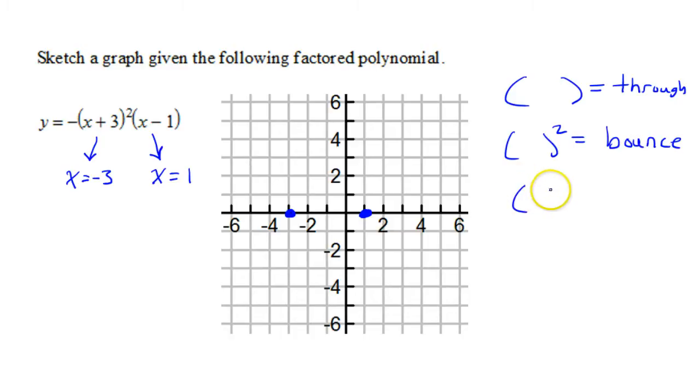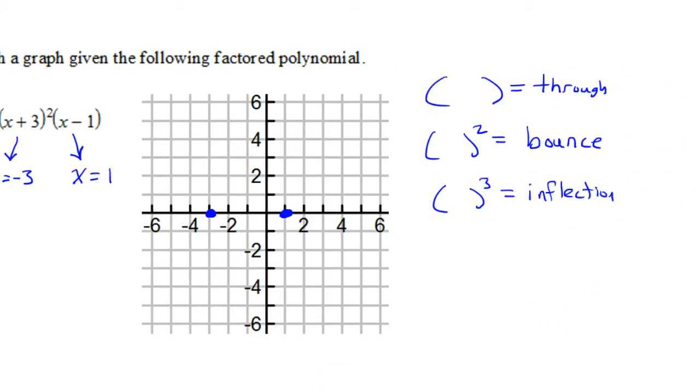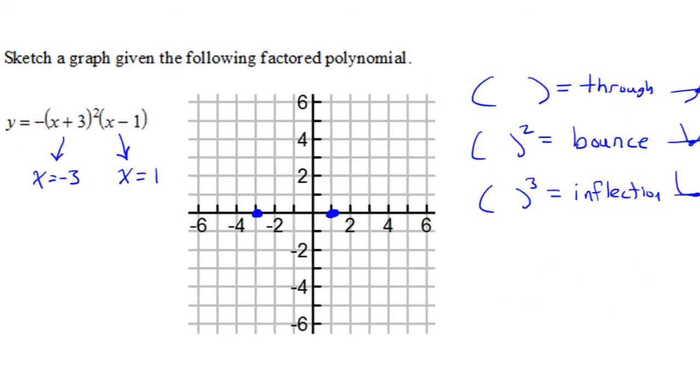Or if you have a factor that is to the third power, it's going to give you an inflection. Okay, so straight through sort of looks like this. A bounce will look like this, and an inflection would look sort of like this. Okay, so we will keep all that in mind.